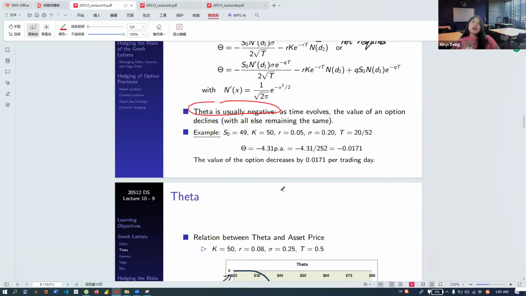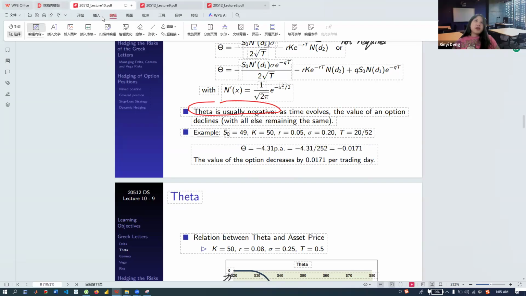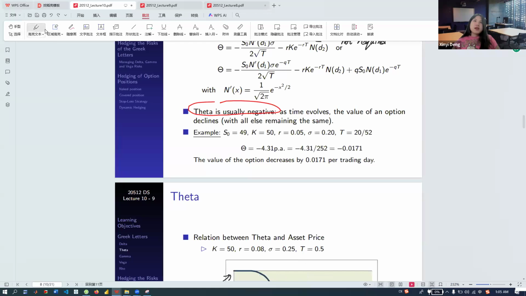Also, we have a specific example here. For this specific example, we know that theta is minus 4.31 per annum.